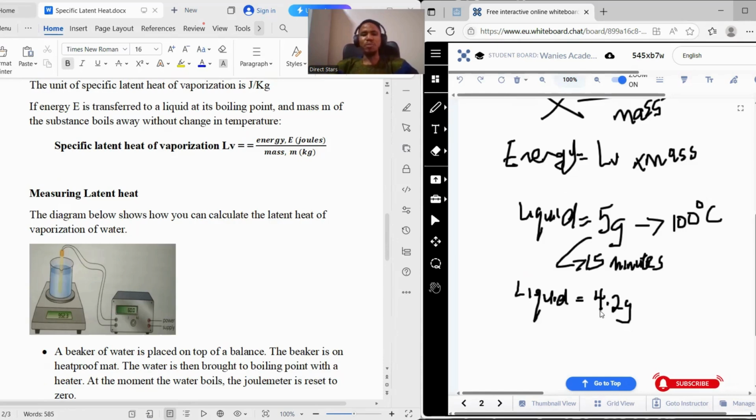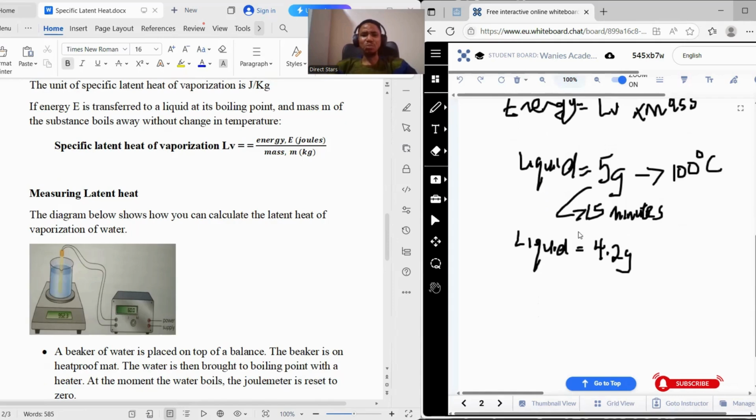We measured the liquid after 15 minutes at its boiling point, 100 degrees Celsius, and we have 4.2 grams. That is, a certain amount of vapor has been released to the environment. That is 5 grams minus 4.2 grams, which is 0.8 grams.